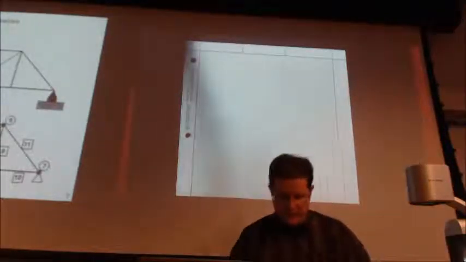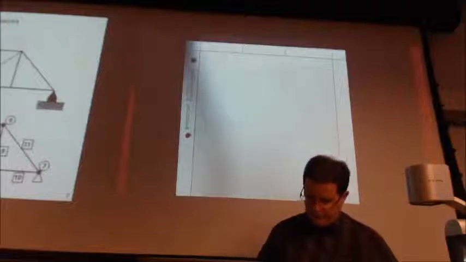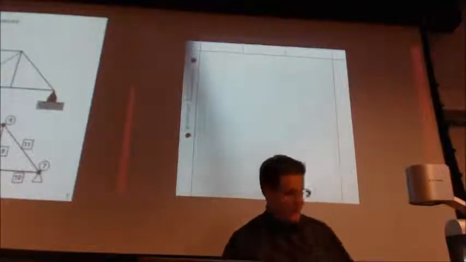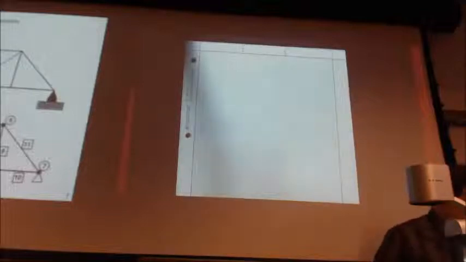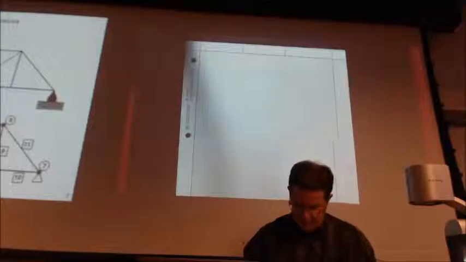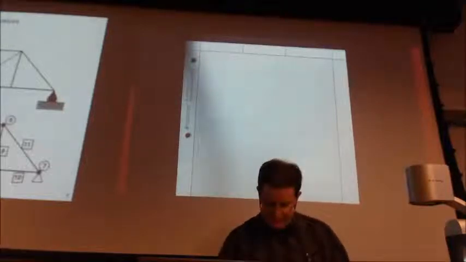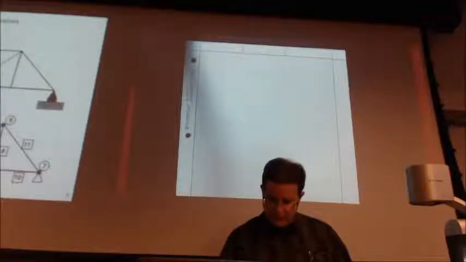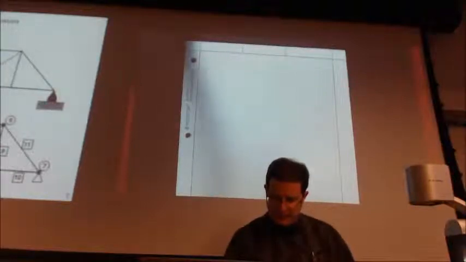So remember, the chapter starts out talking about K equals AE over L for our stiffness, and they give us a cross-sectional area. It even says it'll be an 8 by 8 matrix. It gives us the material: 2 of them are aluminum, 1 of them is steel.